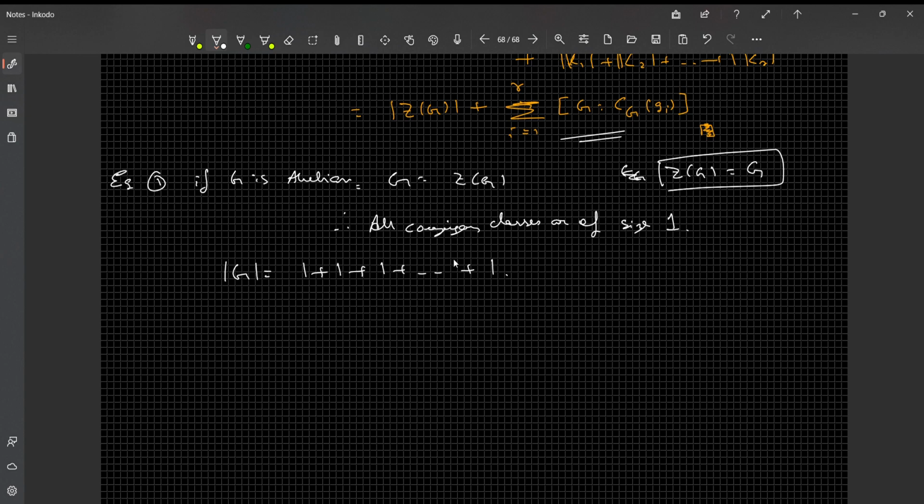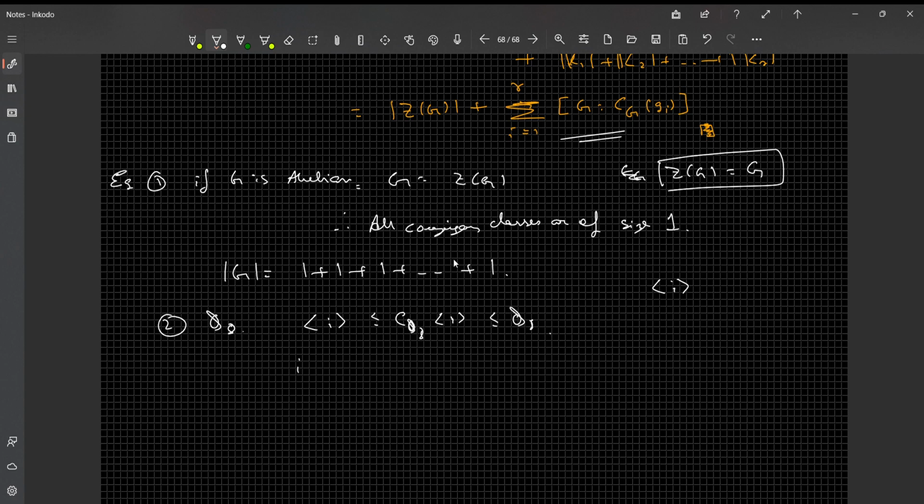Let us consider the example of Q8. Now, we know that the cyclic group generated by i is abelian, right? So we can say that the cyclic group generated by i is a subgroup of the centralizer of i, and it is a subgroup of Q8.